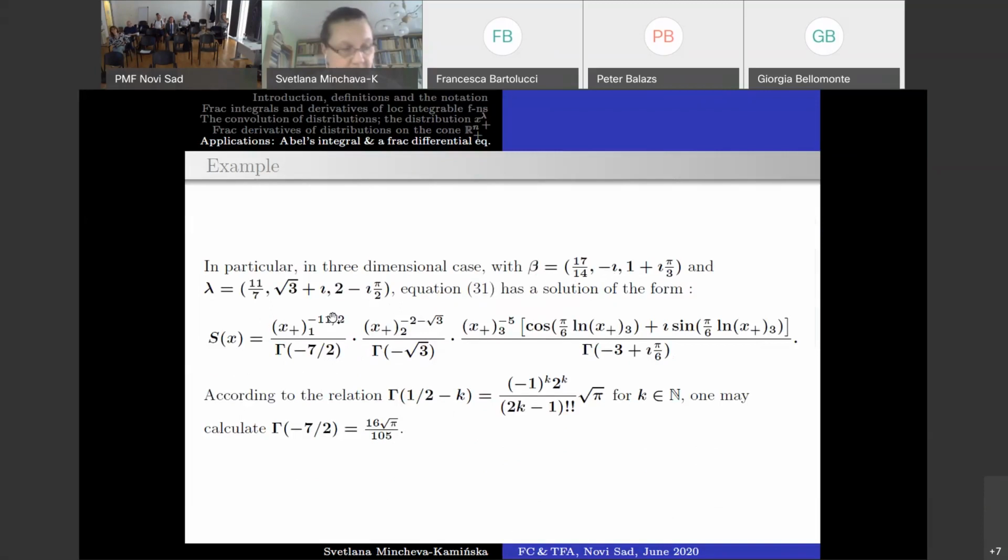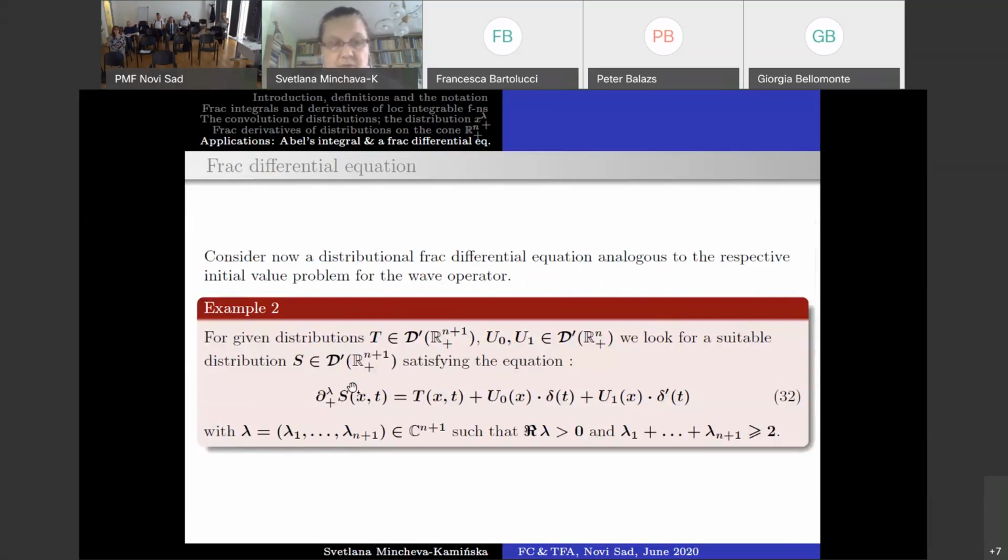And let me at the end show the possibility to find a solution of the respective fractional differential equation, analogous to the wave problem with the respective wave operator, for given distributions T in the space R n plus 1 and two distributions in the positive cone of Rn.